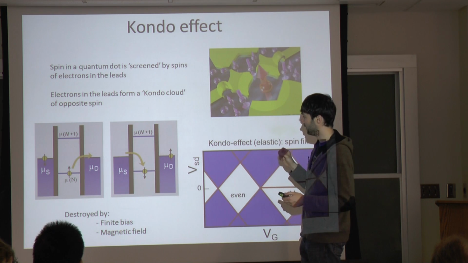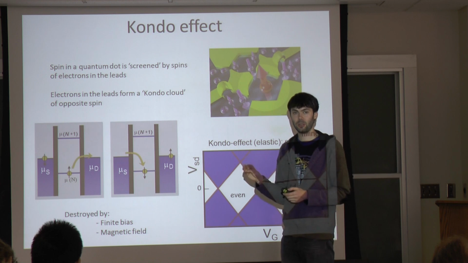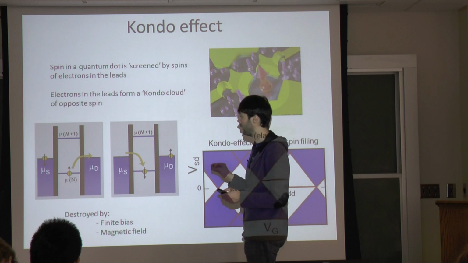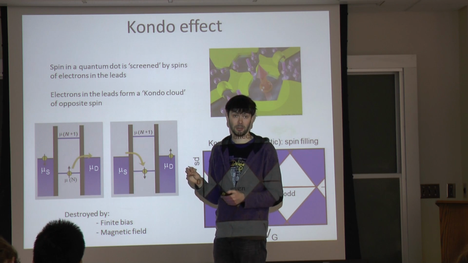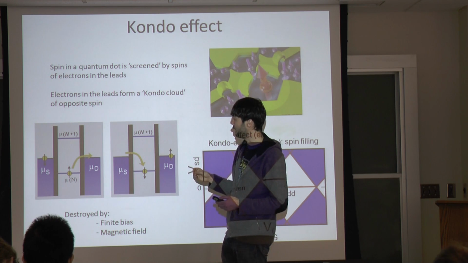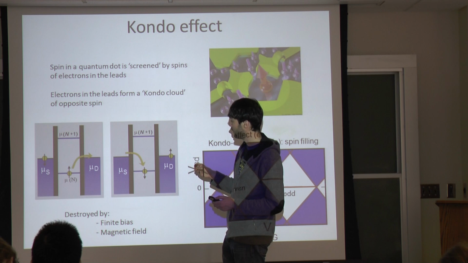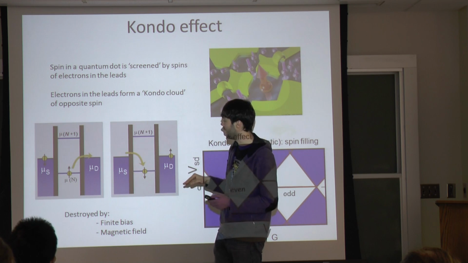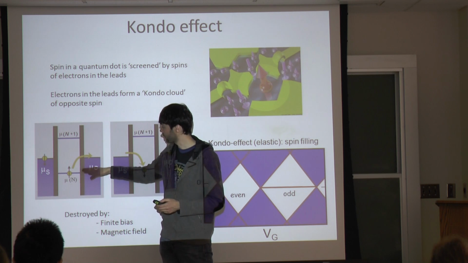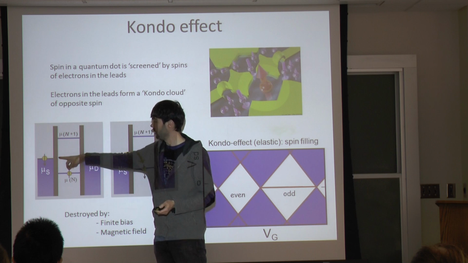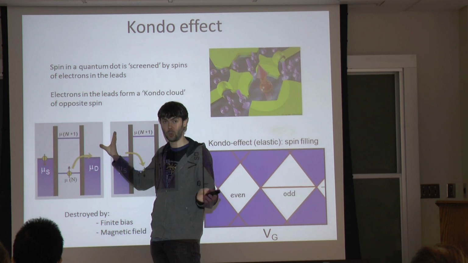Now, the proper language to describe the Kondo effect in quantum dots is through co-tunneling processes, so virtual transitions, remember? The diagram is shown here. Imagine that you are at zero bias, so source and drain are equal, and you are in the middle of a Coulomb diamond, so there is no level in between source and drain, no level.